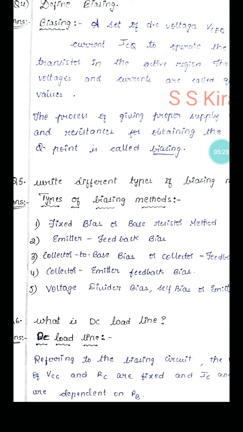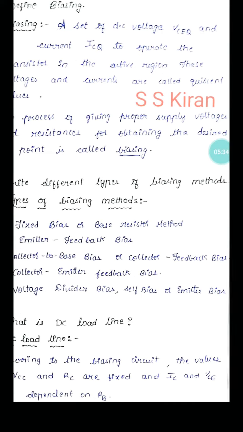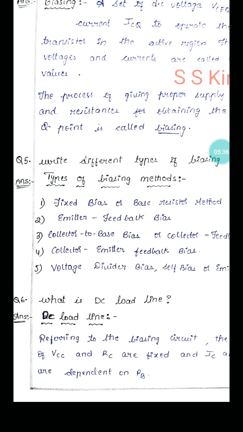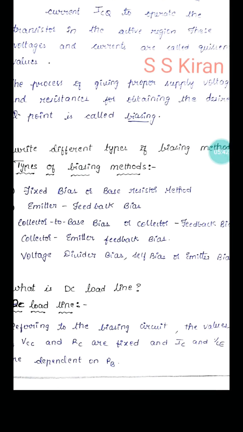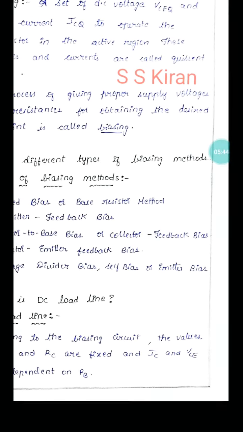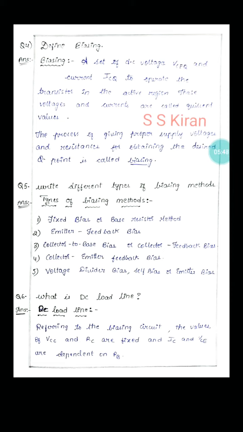We can see diagrams in the next question onward. Fourth one, collector emitter feedback bias. Fifth one, voltage divider bias or self bias or emitter bias. These are all the different types of biasing methods.